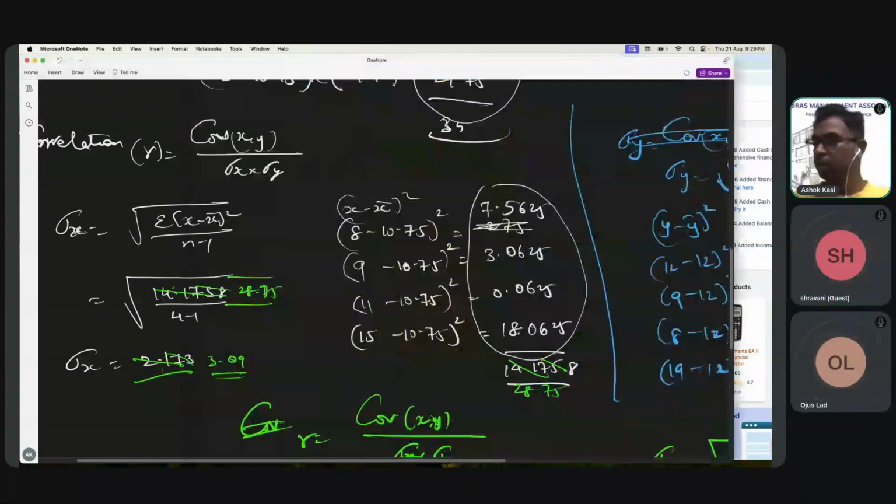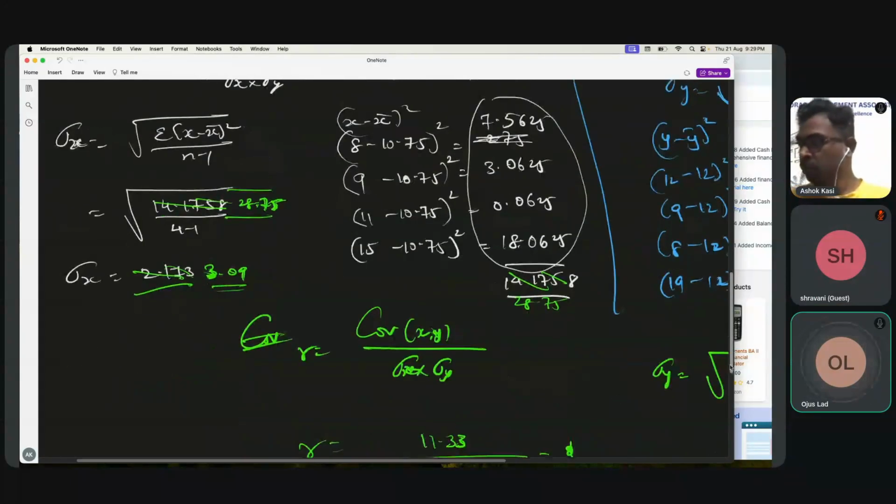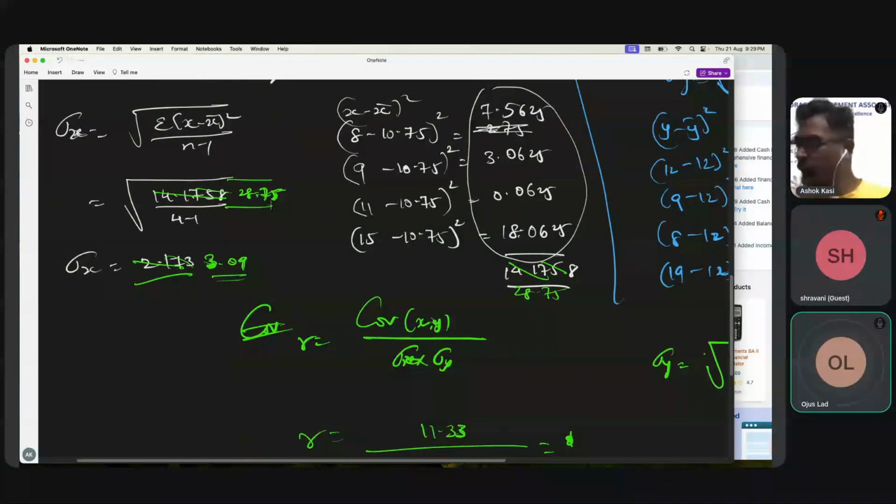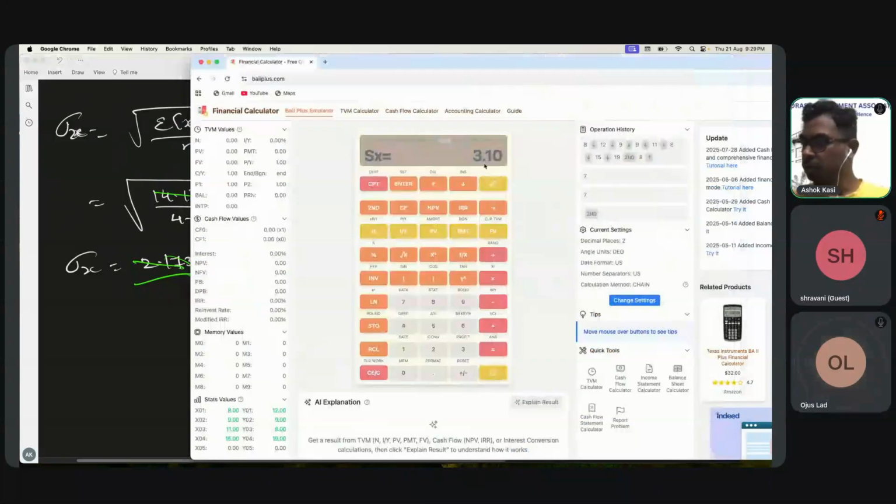I forgot to do recall 4, I guess. Okay. So you both should be doing the calculations, right? Okay. So 3.09 means 3.10 is okay.